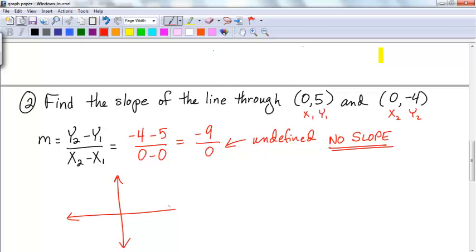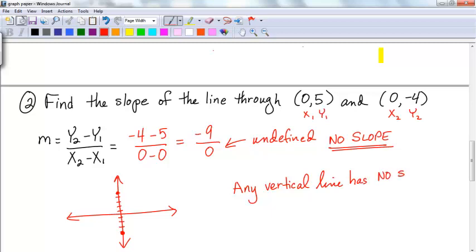No slope. No slope. Okay, and then if you graph this, 0, 5, 0 to the right and up 5. Okay, and 0 to the right and down 4. Okay, you end up with what type of line? Yeah, so any vertical line has no slope.